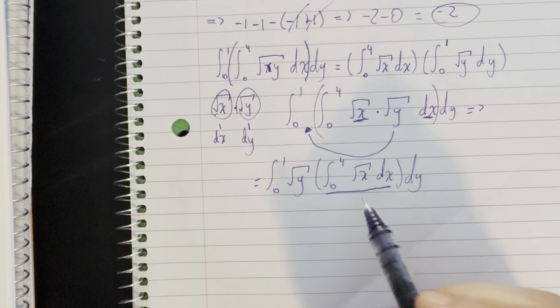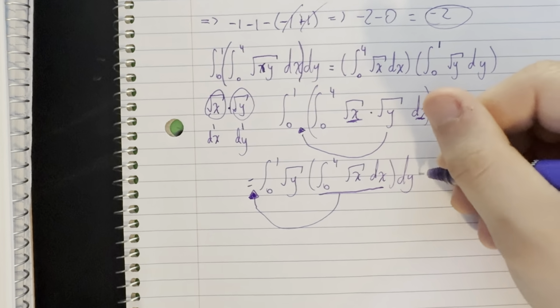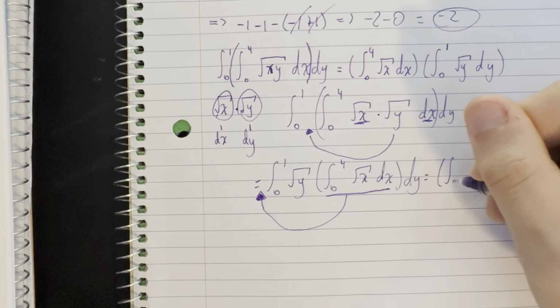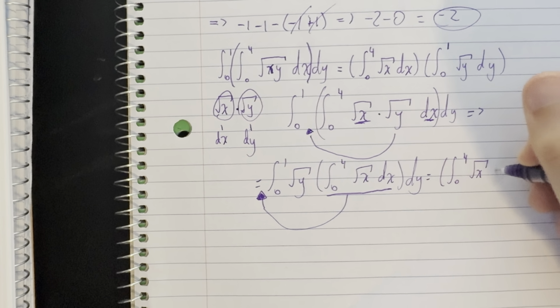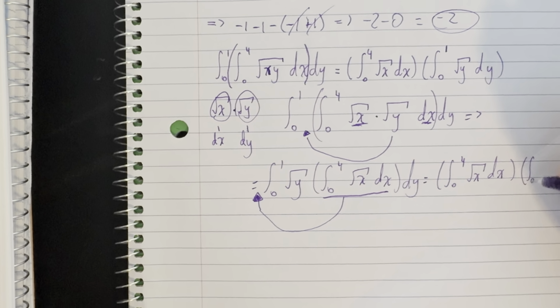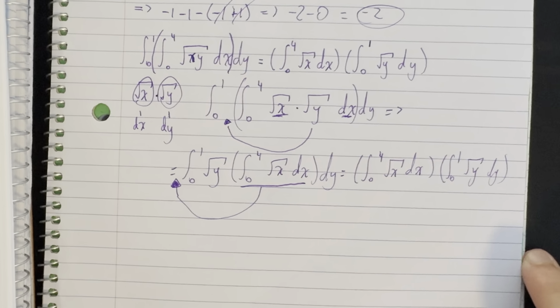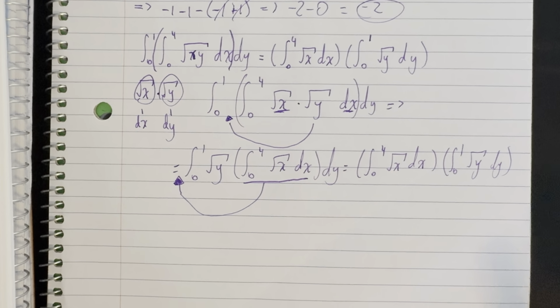So you could take it out of here, and you're going to have 0 to 4 root x dx, because that's a constant, times the integral 0 to 1 of root of y dy. That's why you could do that.